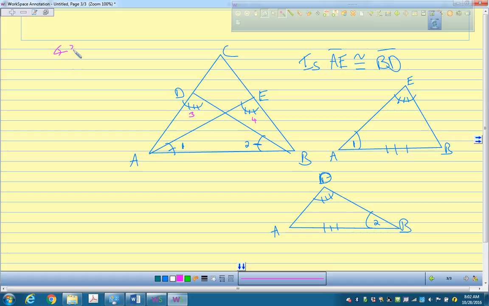Angle 3 congruent to angle 4 because it is given, okay? Angle 1 is congruent to angle 2 is also given in the picture, okay? You could say that side AB is congruent to itself, right?